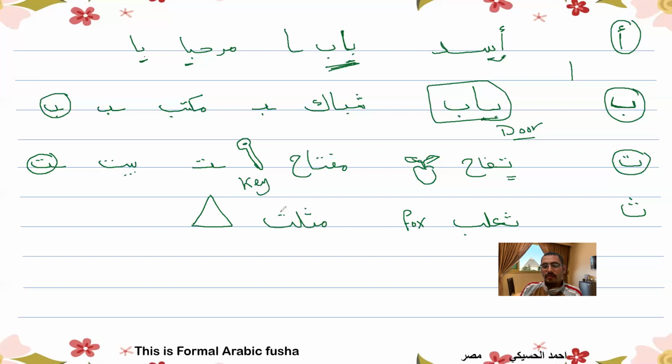In the word مثلث, here the first ثاء is joined before and after, and ثاء in the final. So in the middle and in the final, as this shape. مثلث، ثعلب.